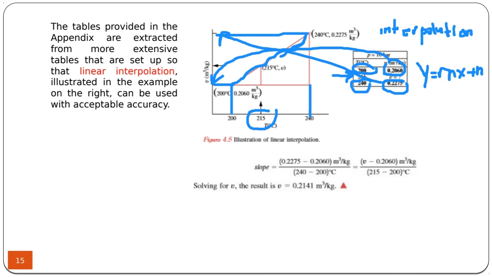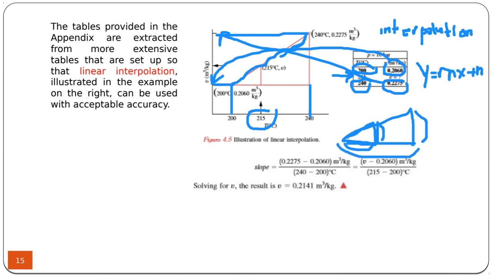Or you can use the principle of similar triangles. You have two triangles which are similar to each other. One triangle is the outer triangle. The second triangle is the smaller triangle. So according to similar triangles, you can write this divided by that, which is equal to this part divided by that part.